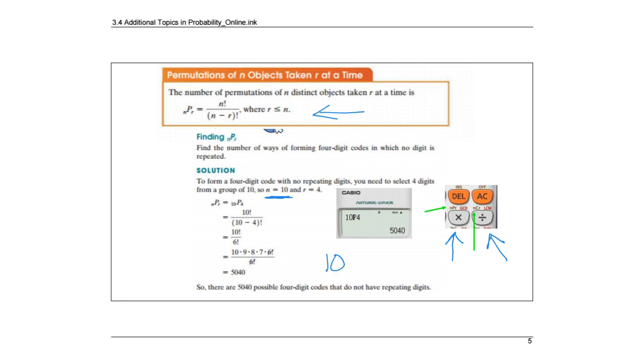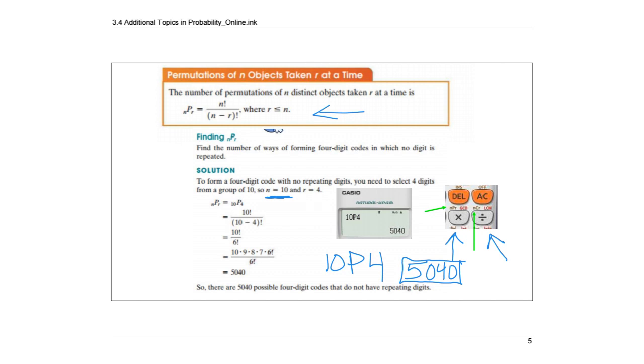Then I'm going to hit Shift multiplication. That's going to give me P. So that's for NPR. And then I'm picking 4. You can't do this backwards. If you put 4P10, it's not going to work. You're going to get an error. So once I hit equal sign, I see that there's 5,040 ways to pick 4 digits out of 10.